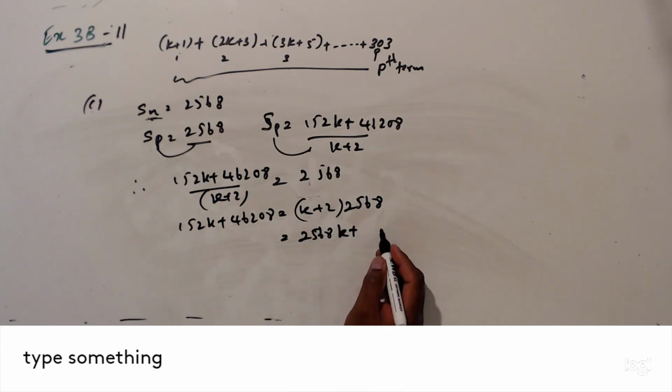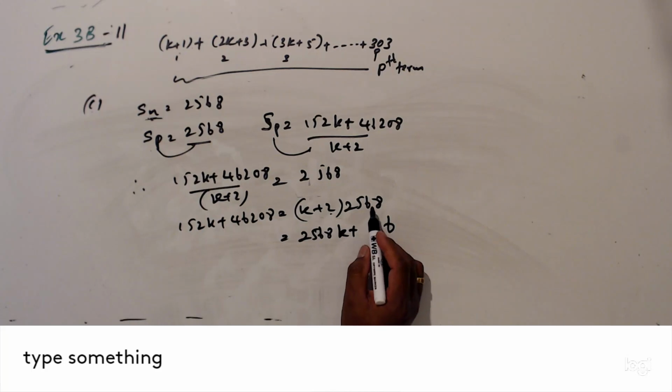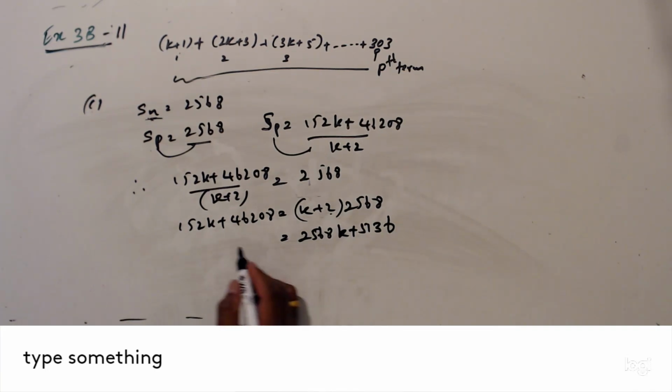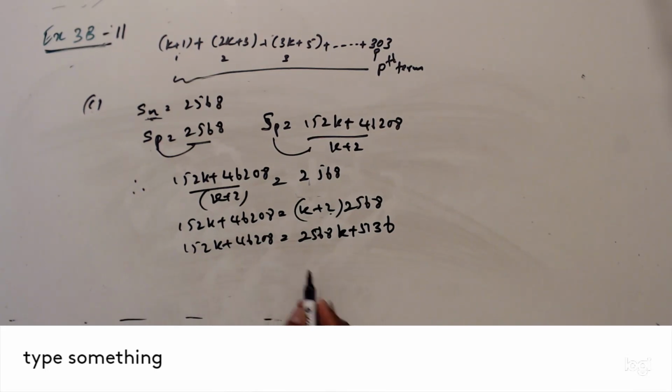So 2568k plus 2 times 2568, which is 5136, equals 152k plus 46208.